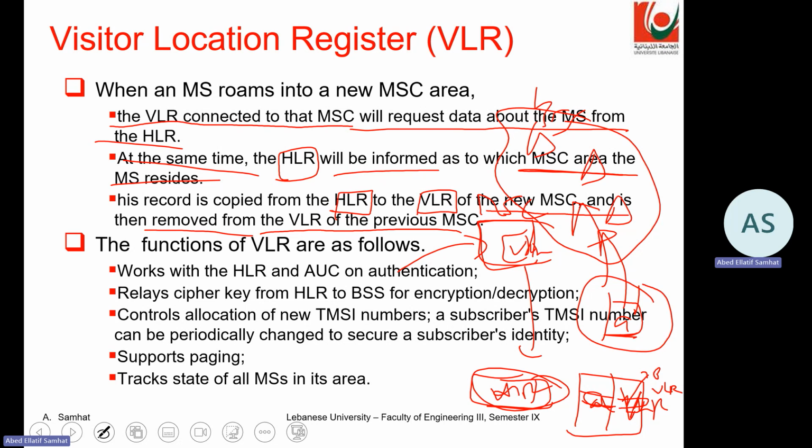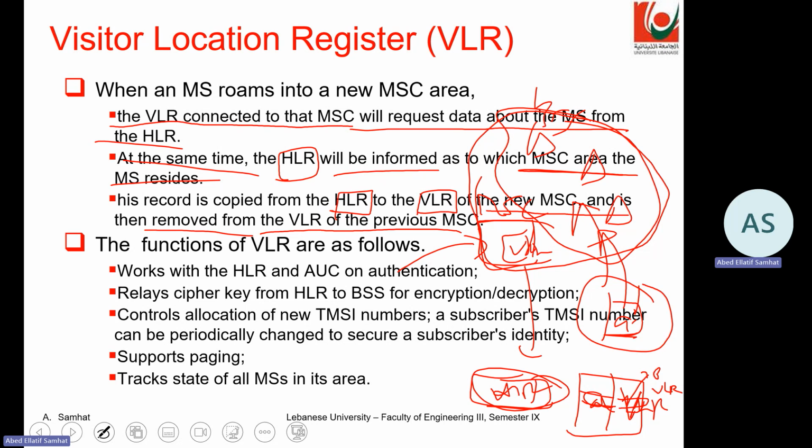In this case, the home location register will know that station A is under the control of this mobile switch center, but it will not be aware of the exact or precise position of the mobile device.